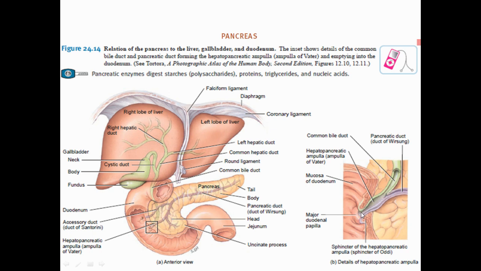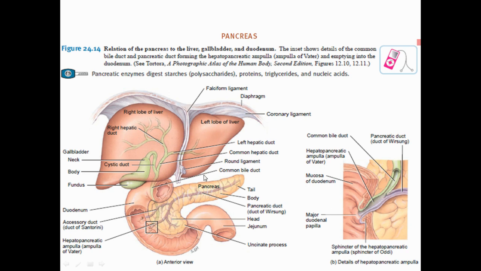They will not allow the fluid to flow into the next region without any break, and open the valve only whenever it is needed. That is why it is guarded by the sphincter of the hepatopancreatic ampulla.